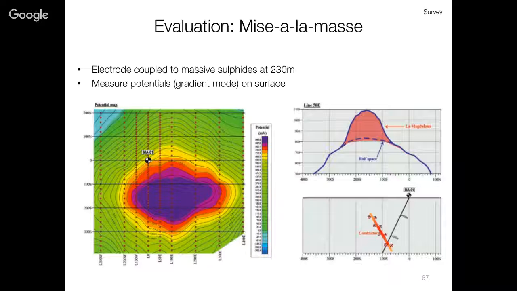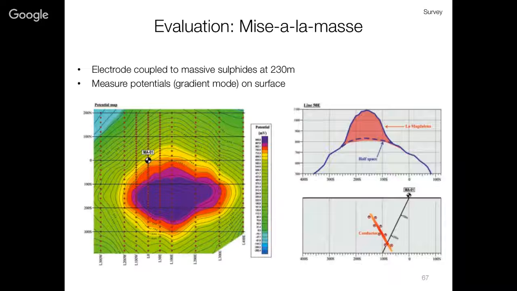And if something is dipping way up here, and it's got some amount of positive charge, you're going to see something. Okay, so that's it. If you do the Mise-à-la-Masse survey over that particular vein, you get something that looks like that.